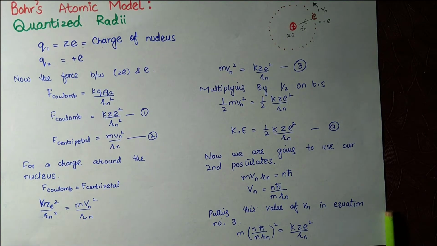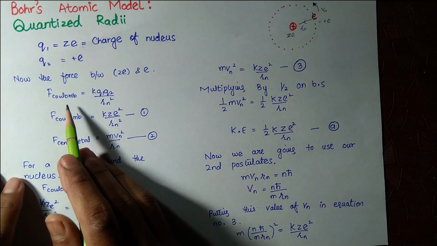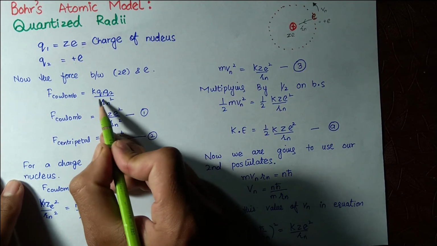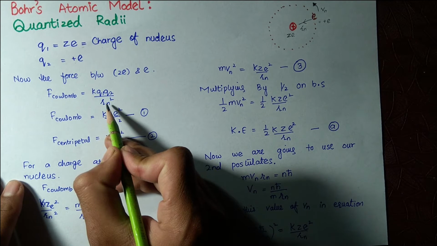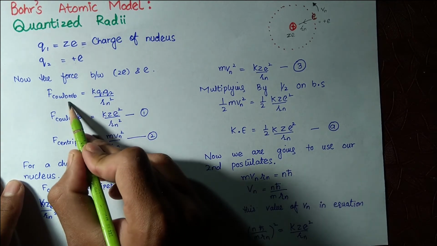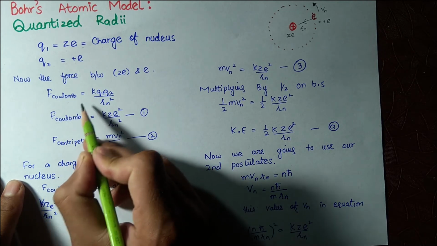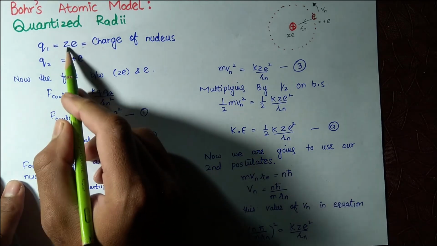So this is Coulomb's law. Force is directly proportional to the product of their charges and inversely proportional to the square of the distance between their centers. This is the Coulomb force.